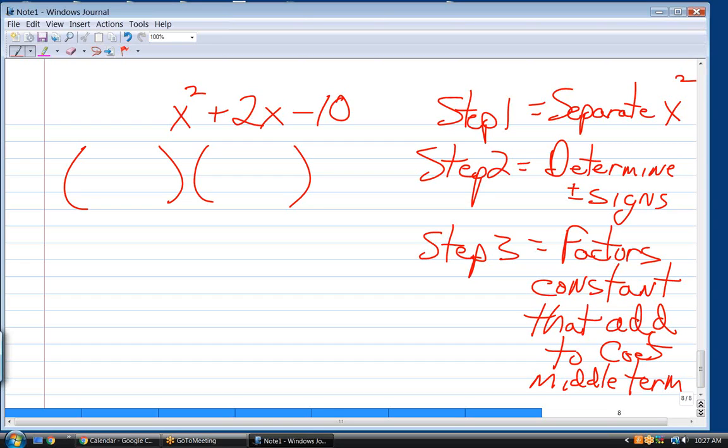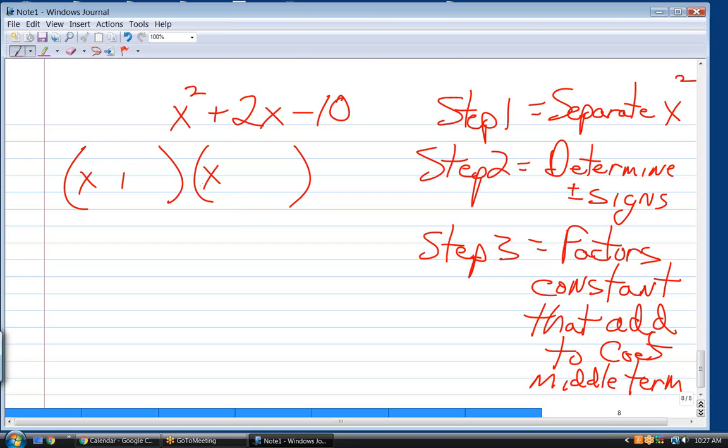Okay, so step 1. Separate the x's, so it's going to be x here and x there. Step 2. The sign is going to be minus. Notice that if they were both minus, this would have to be plus, because the last step in multiplying these two things together is to multiply minus a number times minus a number, which would be plus, which means they can't be both minus.